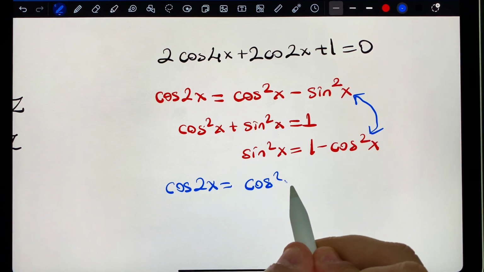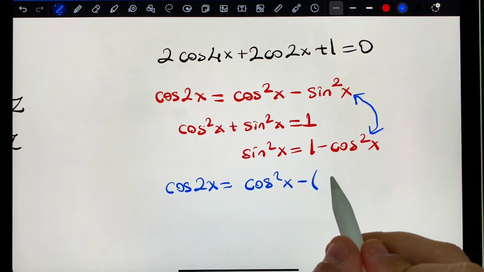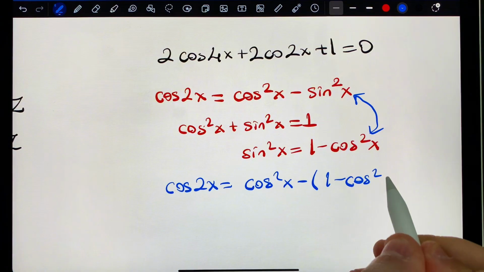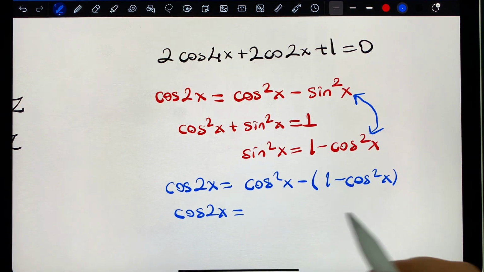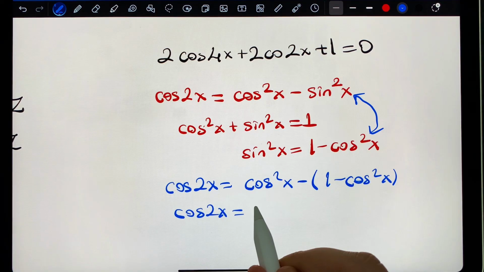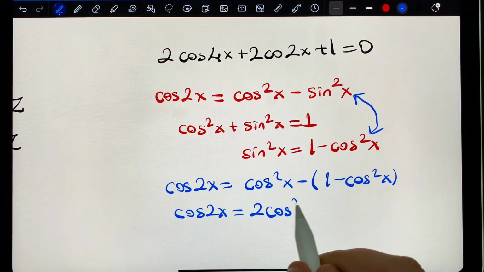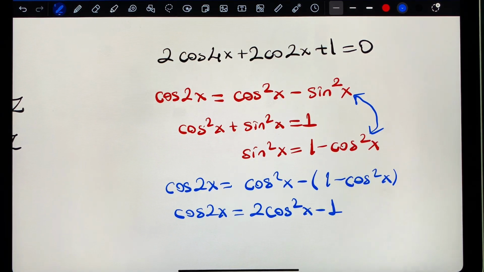Cosine squared x minus (1 minus cosine squared x). If we continue a little more, cosine 2x in this case is 2 cosine squared x minus 1.